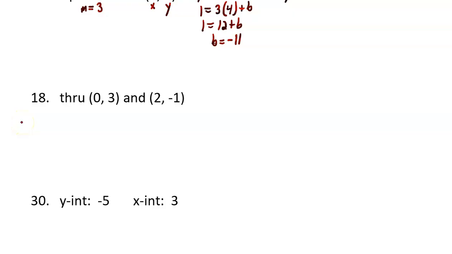Number 18, we want to write an equation of a line that goes through these 2 points. This one right here is the y-intercept. Because the y-intercept is a point on the y-axis, it will have an x-coordinate of 0. So the b is 3. But what we don't know is the m. So let's find the m using the slope formula.